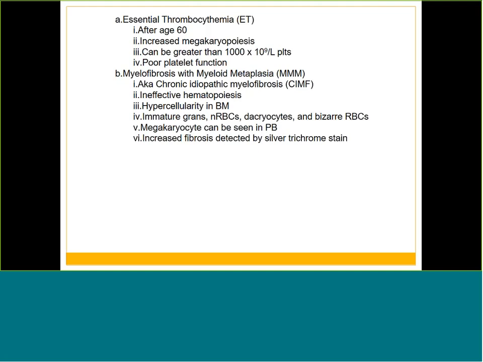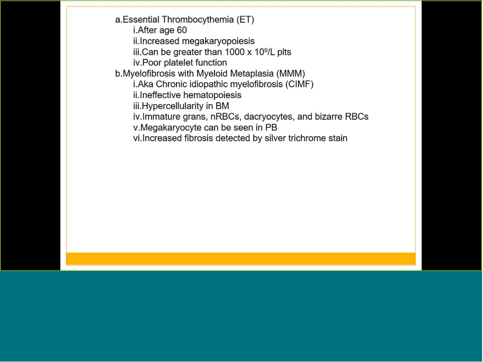The problem with myelofibrosis is there's definitely an ineffective hematopoiesis. They're not making cells well. And this is the one that, oddly enough, they start making cells in the liver and spleen as well. Not sure why it happens, but it does. All of a sudden, their liver will start producing cells. So you get a very hypercellular bone marrow. They're trying their best to produce cells. It's not growing great.